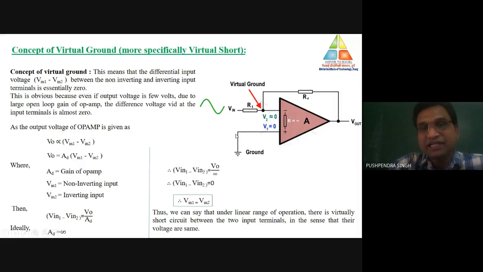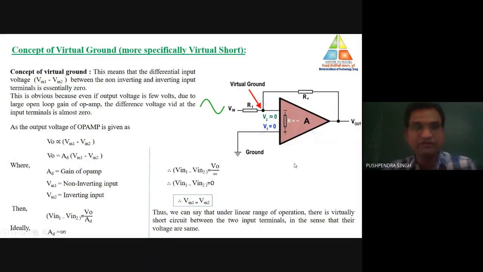But if it is connected to some other voltage, more specifically, it is a short circuit. So it's better to say virtual short in place of virtual ground. Why? Because if it's short circuited, indirectly it is connected to ground and this particular voltage will be 0.